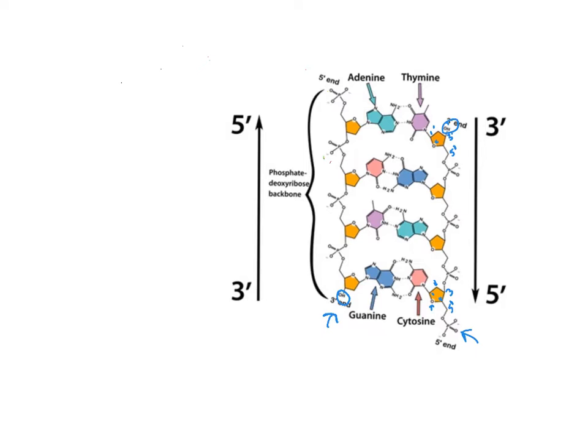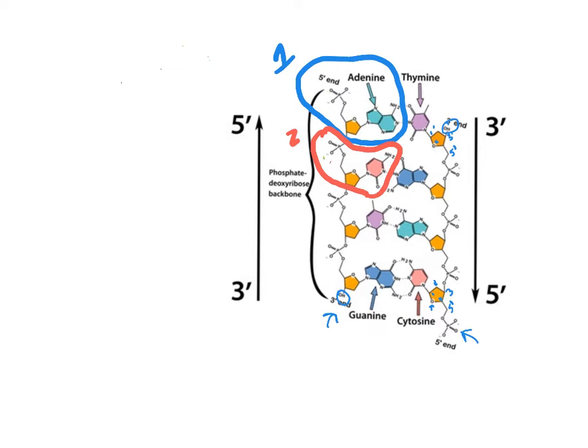A phosphate, a sugar molecule. Let me make this a little smaller. So phosphate, a sugar molecule, and the nitrogenous base. That would be one monomer. That's monomer 1. Then you have a second monomer, a phosphate, sugar, and another nitrogenous base. That's the second.